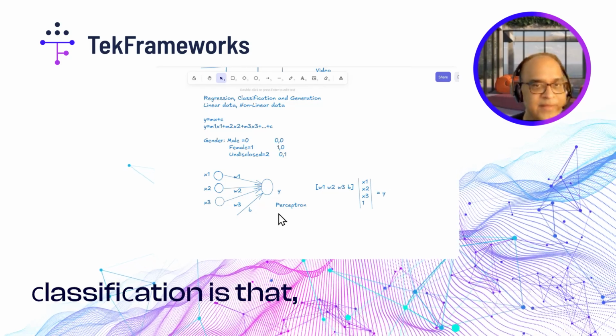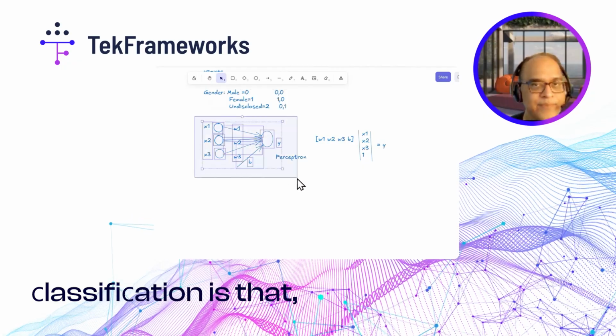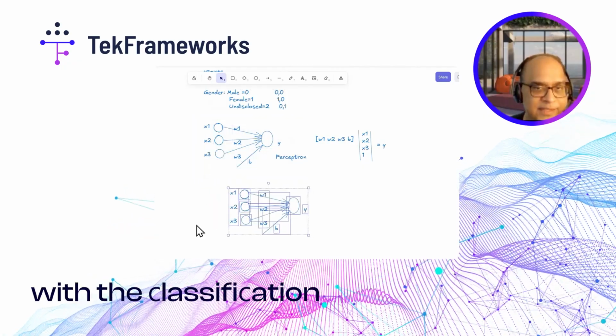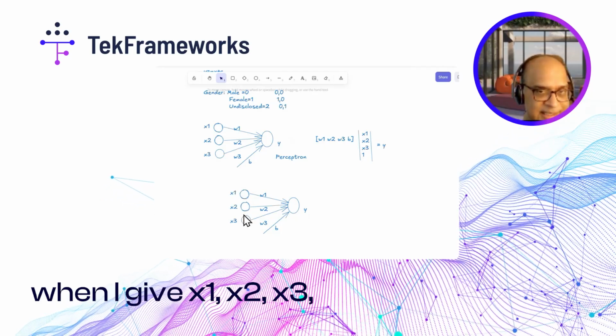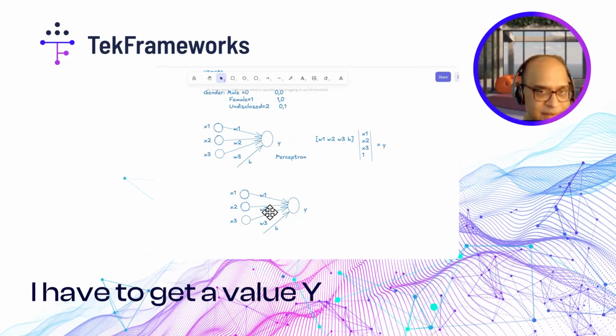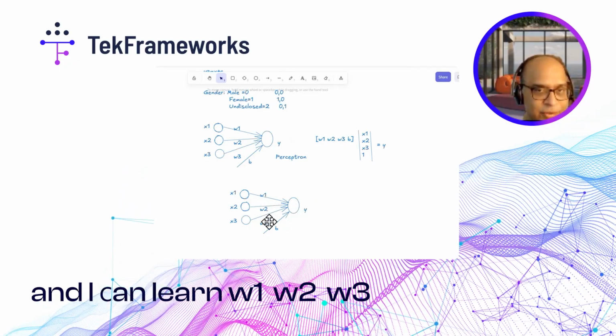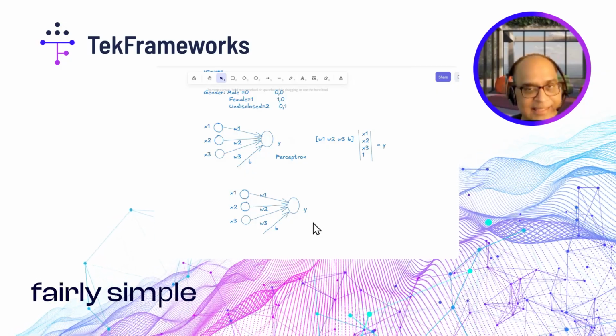Okay, but let's look at the second sister, which is classification. Now, the problem with classification is that in a regression, when I give x1, x2, x3, I have to get a value y, and I can learn w1, w2, w3 that can give me the y. Fairly simple.